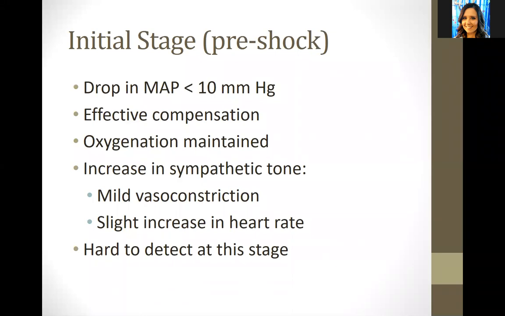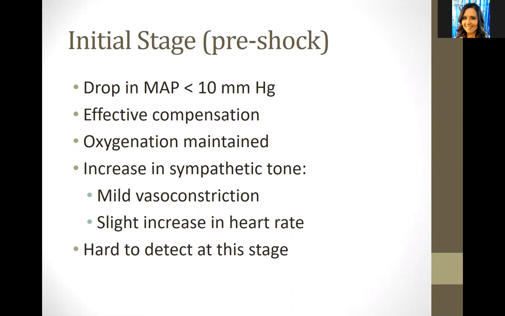With the initial stage of shock, we can also call this our pre-shock stage. So you're going to get a drop in your MAP of less than 10 millimeters mercury. So a little bit of a drop. It's still within normal limits. You still have a good blood pressure. Blood pressure is above 90, probably even normal. You have effective compensation at this stage. Oxygenation is maintained.